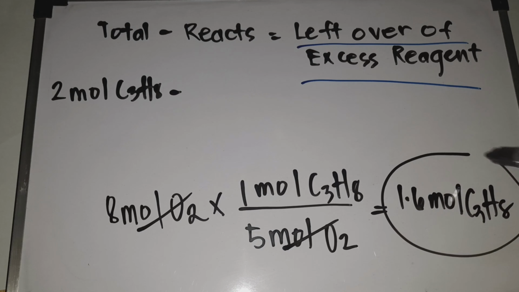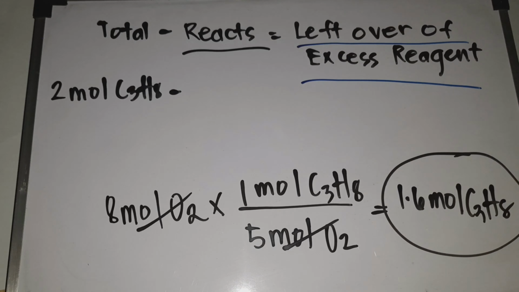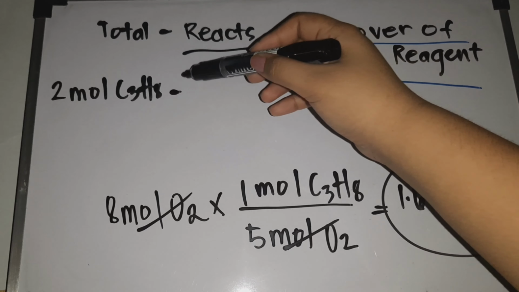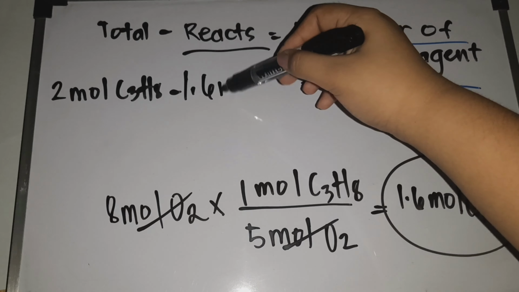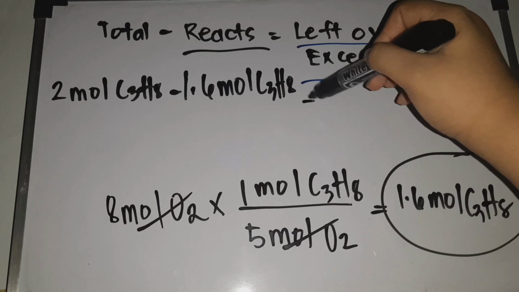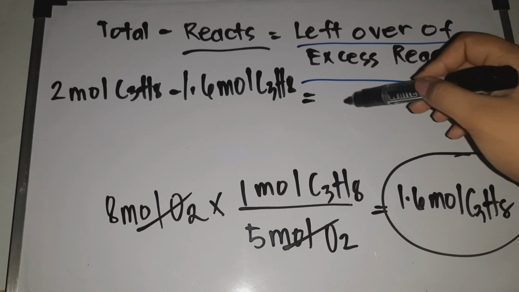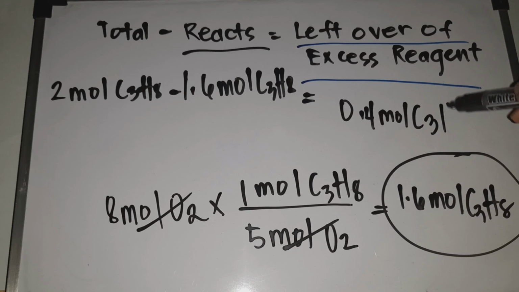So this 1.6 mole of propane is the total amount that is used in the chemical equation, or the total amount of propane that reacts. Okay, so therefore 2 mole of propane minus 1.6 mole of propane, the answer is 0.4 mole of C3H8.